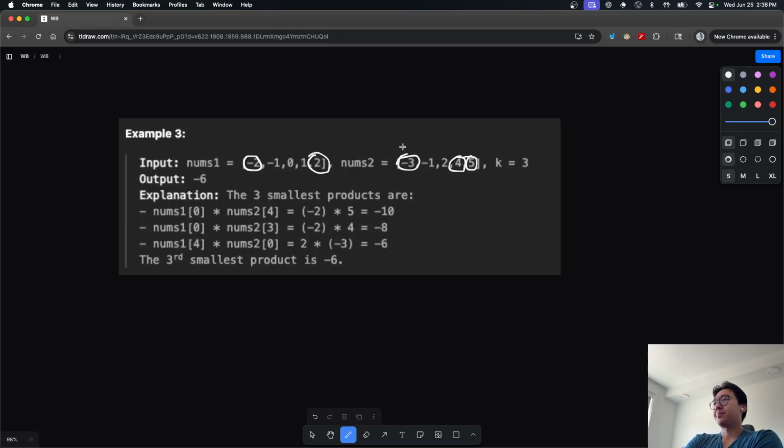Oh my gosh. I have no idea how, I don't have any solution to this one. I mean, besides brute forcing the whole thing, picking out the products, sorting them, and then returning the element at index k minus one.